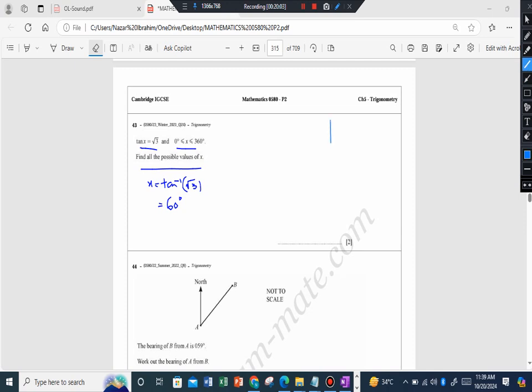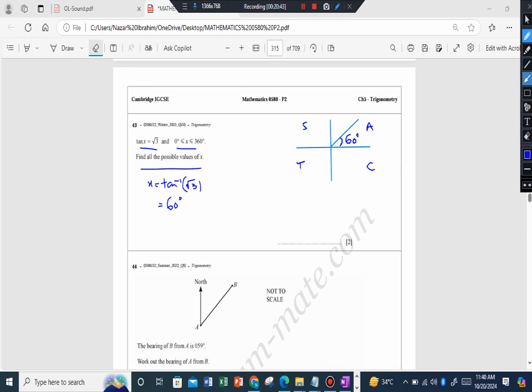Let's make the Cartesian plane. And the first angle is 60 degrees, which is also our base angle, right? So the first value we have got is 60 degrees. For the second value, we have to see in which quadrant tangent is positive. You see, all, sine, tangent, cos. So you see tangent is positive in the third quadrant, right?